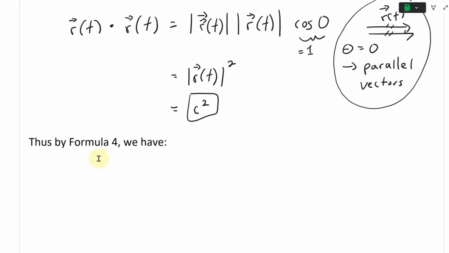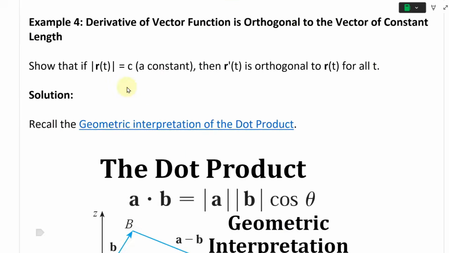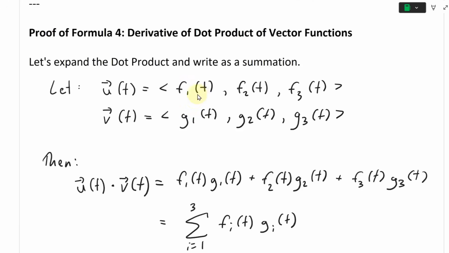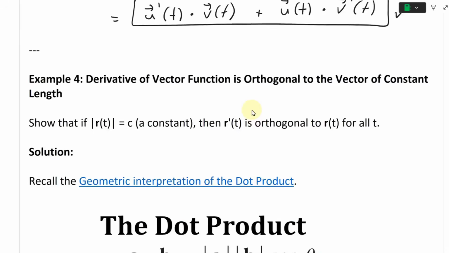And thus, by formula 4, let's take formula 4 as the derivative of the dot product. So d over dt of r of t dot product r of t equals 2, and then we just expand that out. We just take the derivative, I'll just do it for completeness sake. So the derivative of the first dot product with the normal one, plus the normal vector dot product with the derivative of the other.